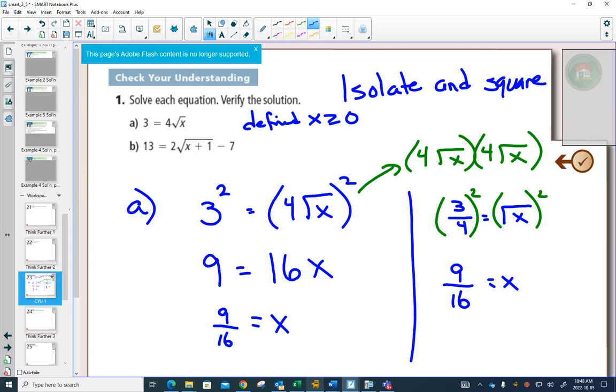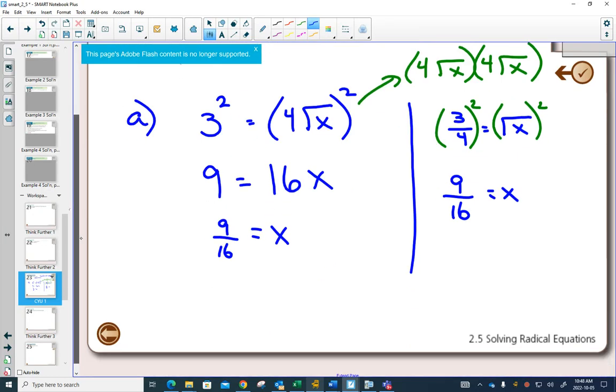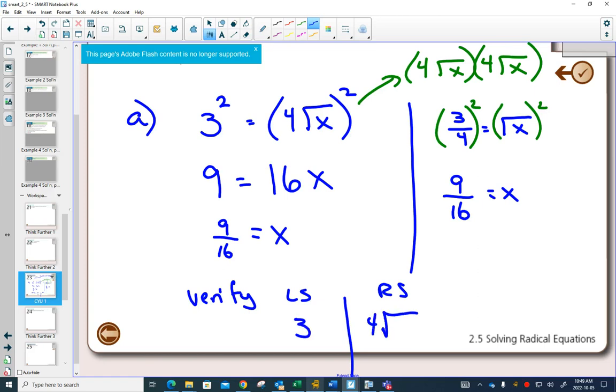Like this, and it's when you verify. So in the verify, we write left side, right side, and draw a line in between. On the left side, we started with a 3. On the right side, we started with a 4 and then a square root of x, and now I would plug in 16 over 9 for x.